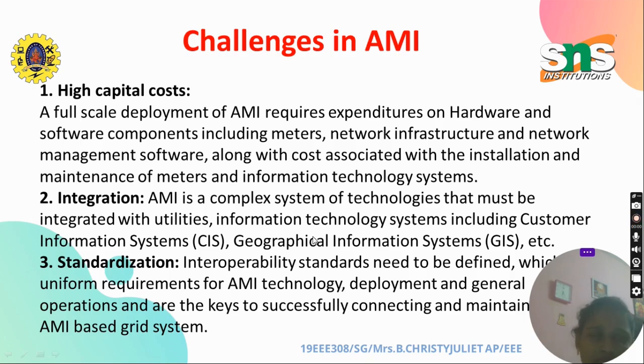Why is AMI required? Because AMI is the first and foremost thing that makes a grid smart. A grid is concerned with the utility, but a smart grid incorporates transmission, distribution and generation.